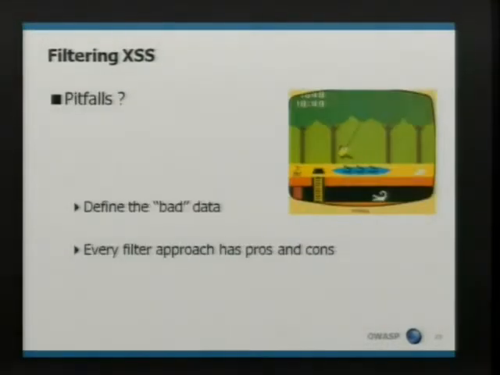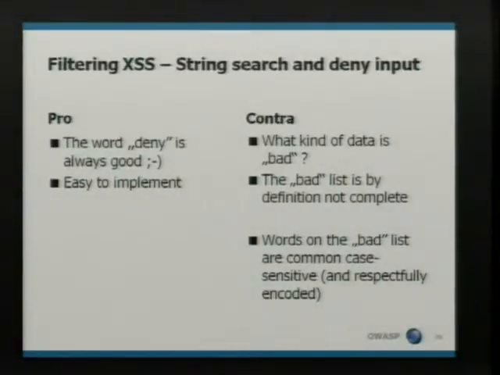Okay. Never mind. So what are the pitfalls of these approaches? First of all, we have to define the bad data, right? Now we're discussing the pros and the cons of each approach. The string search and deny input approach is first of all very easy to implement. On the other side, we have to define what kind of data is bad, and this is usually based on the user experience.